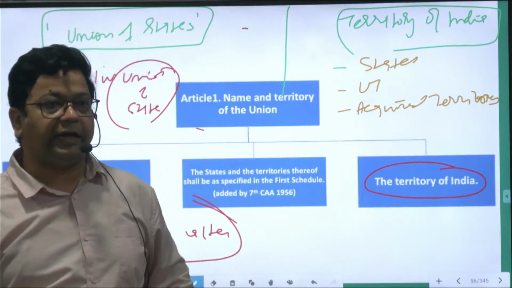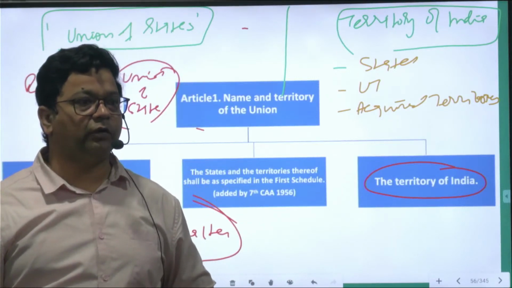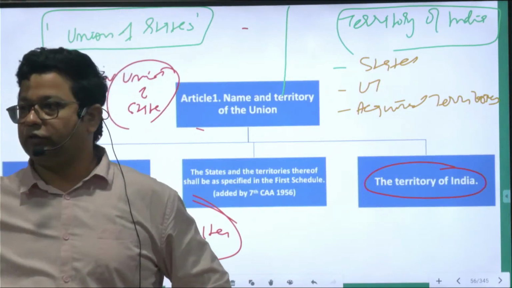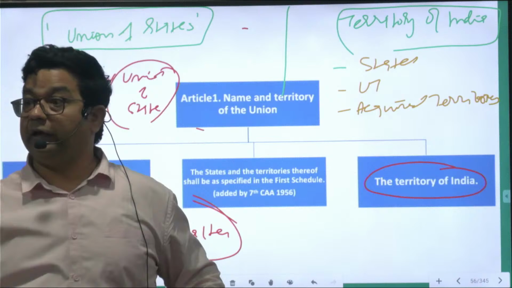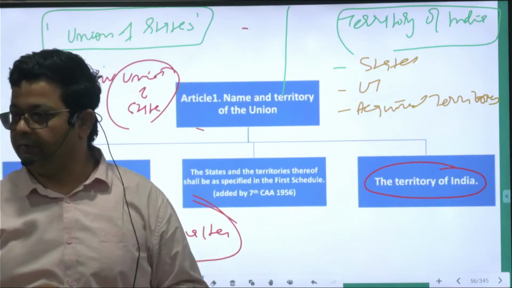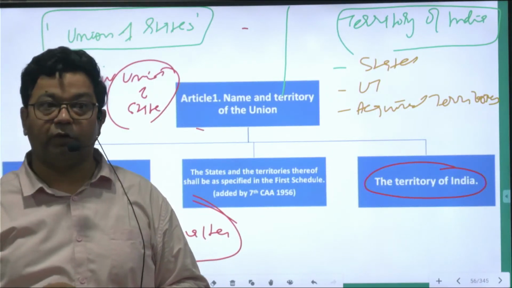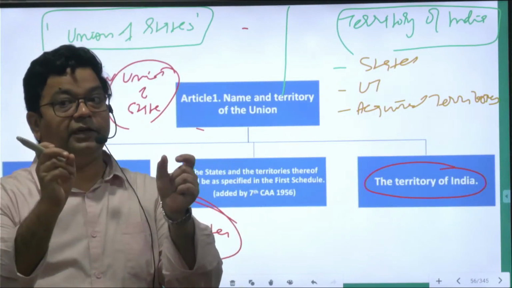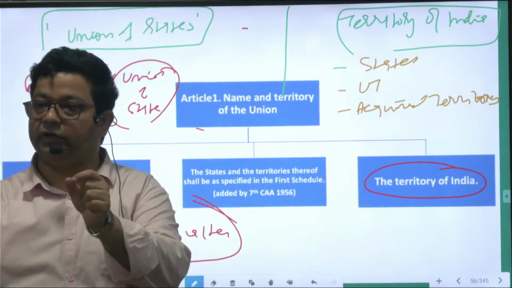It means we are talking about the territory from north to south, west to east. Lakshadweep, Andaman and Nicobar are also the territory of India. But when we talk about the Union of States, we are talking about an arrangement of a federal structure.